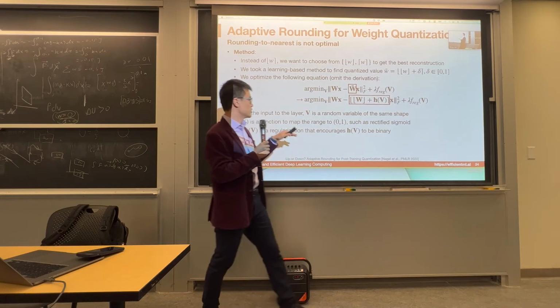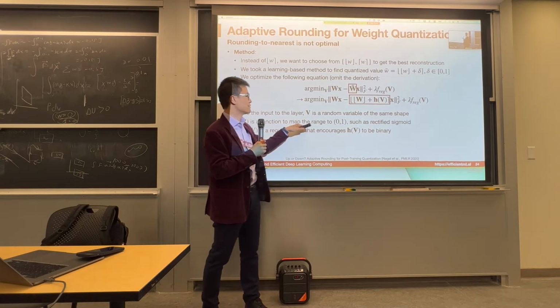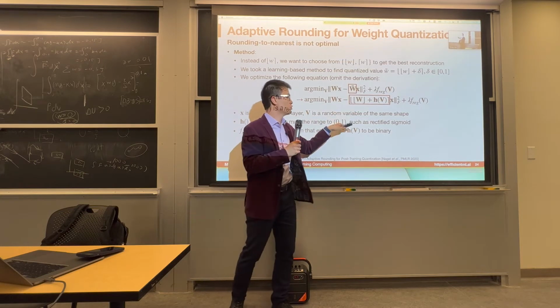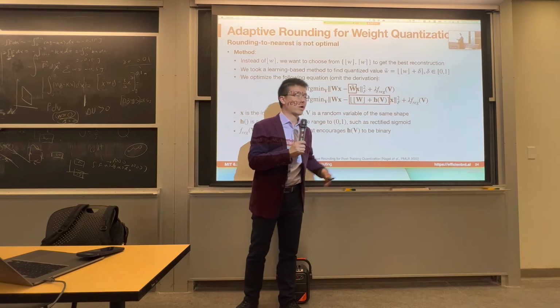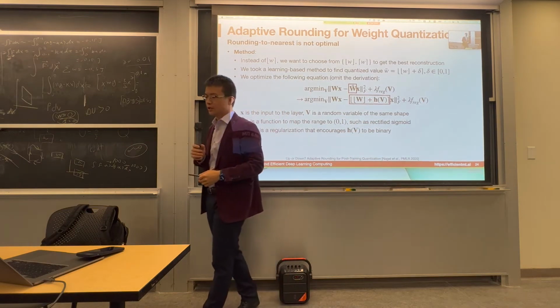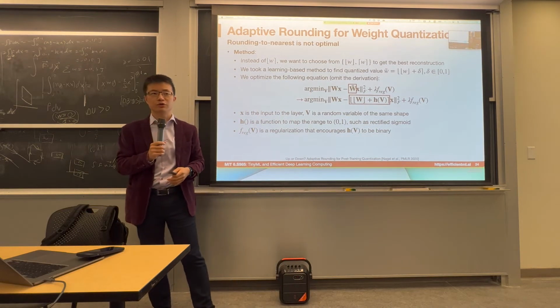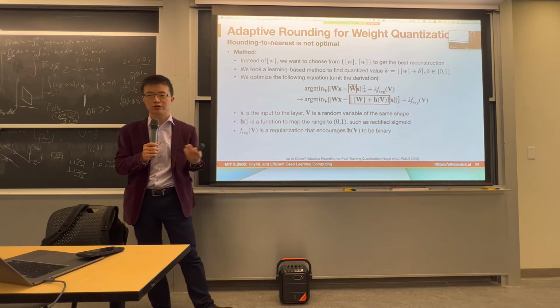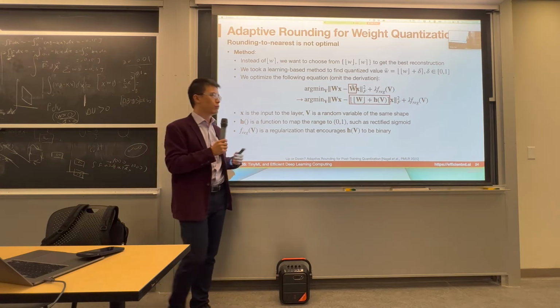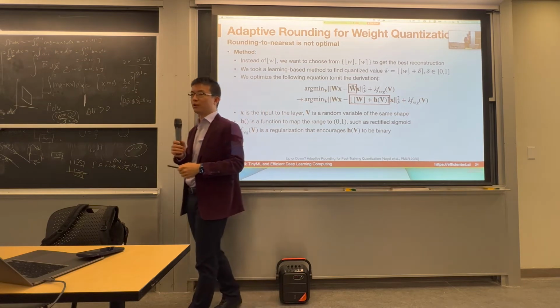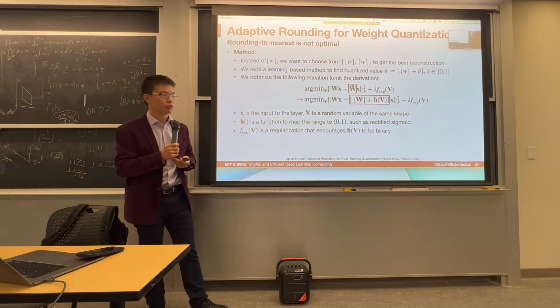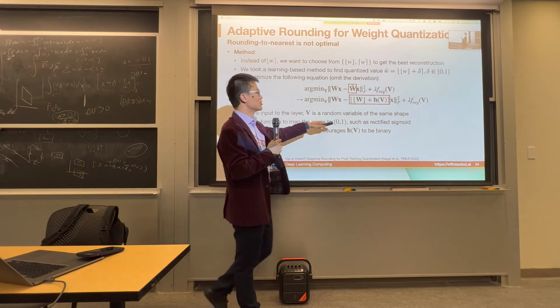And we want a function that maps the V to the value 0 to 1. Usually it is using this rectified sigmoid. So remember, sigmoid is between 0 and 1, but it doesn't touch 0 or 1. So we want to first stretch it to minus 0.1 to plus 1.1, and then clip it between 0 and 1, so it can reach either 0 or 1.